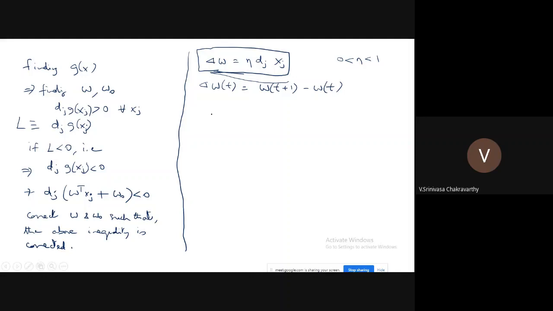So let us consider, we said w at t plus 1 is equal to w at t plus eta times dj xj. So L of t plus 1 is equal to dj times w transpose at t plus 1 times xj plus w naught, because when you're looking at the updated value of L, the update is occurring only because of update in w.